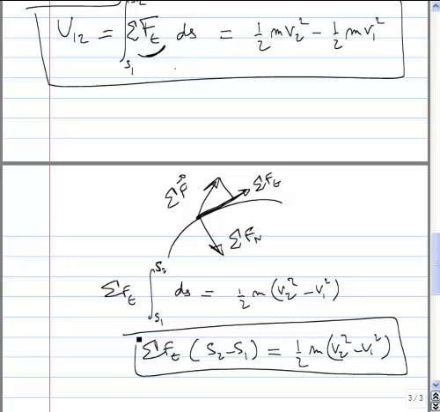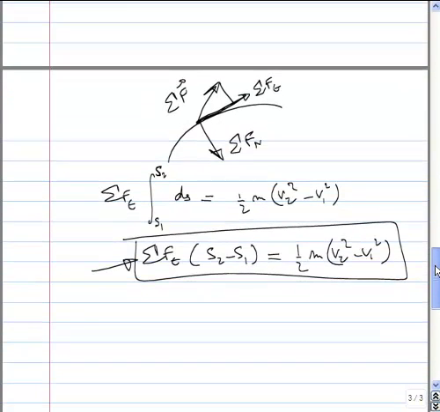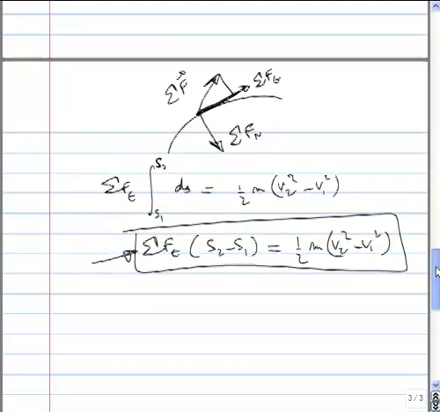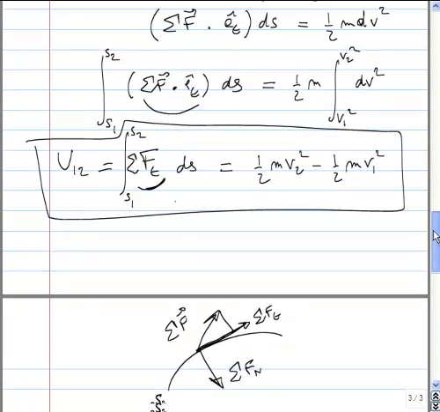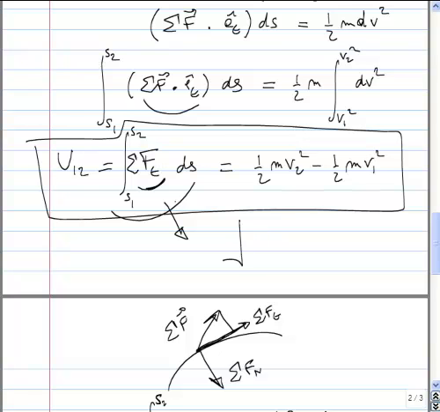So remember, this is only valid if your forces are constant. And technically, if you want a graphical representation of this, this is nothing else than the area under the curve. So if this is your sum of the forces, the work is just going to be the area under the curve.